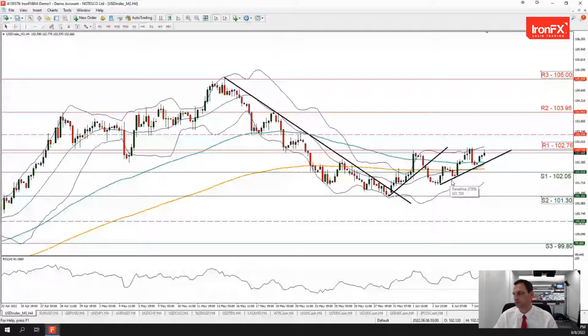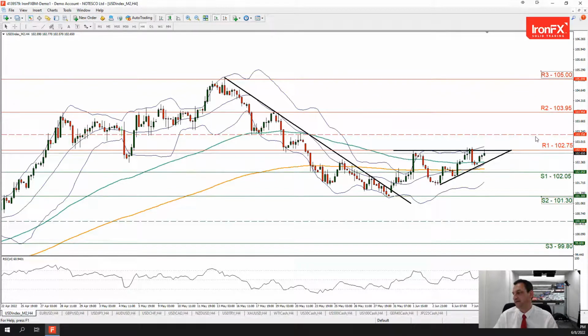So we have a wedge which has started to form. It's an upward wedge, which, should things go as planned, we may see the price action breaking above the 102.75 and start aiming for the 103.25. It's an interesting formation which should be kept in the notes.